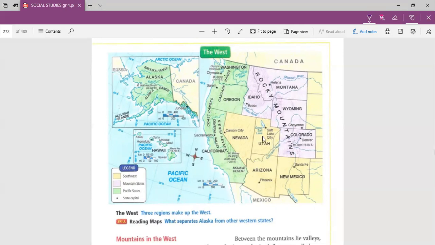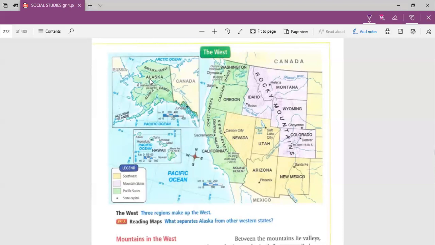Okay, the green states, or the Pacific states, are Washington, and here is Oregon, and here is California. Okay, three states here. And about the southwest states, we could find Nevada and Utah and Arizona and New Mexico. Okay, so these are the 11 states.